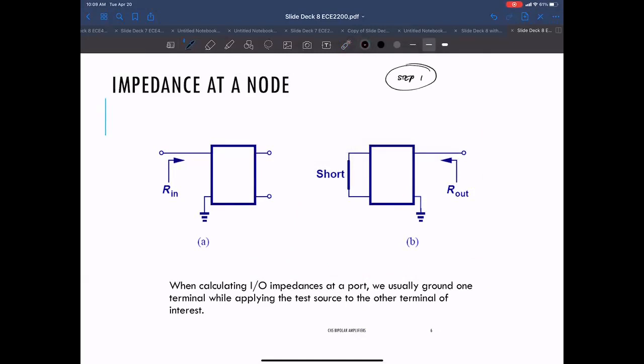Step one: create the small signal model.